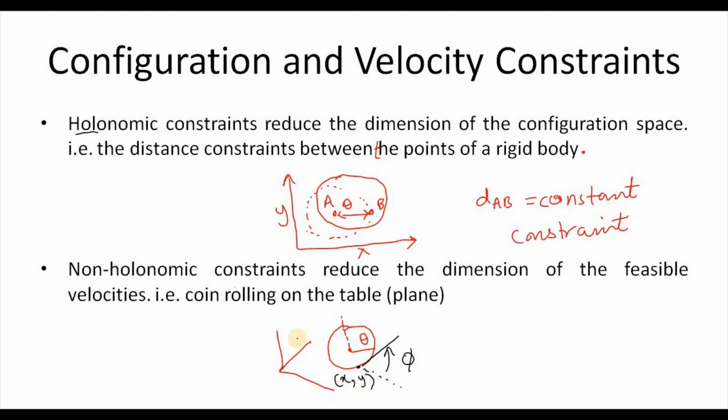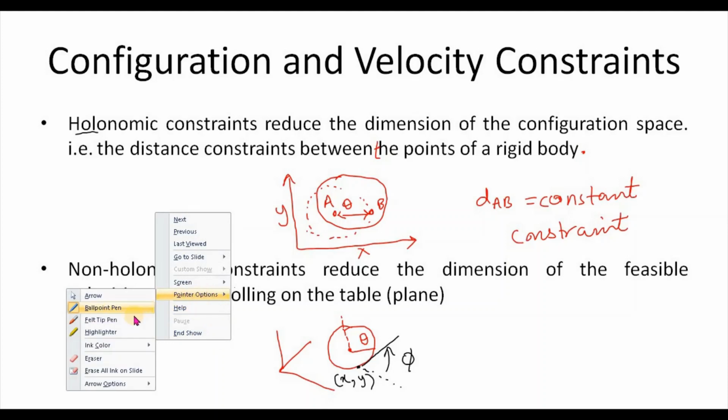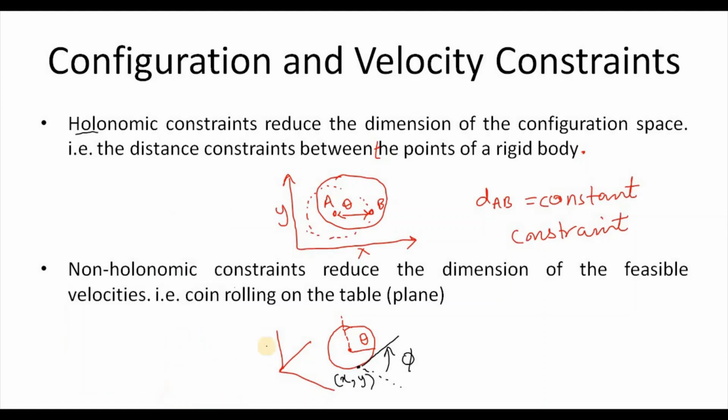So you have the y coordinate, then the x coordinate, and here the z coordinate, and this coin is rolling on this 2-dimensional plane, which is xy, and its configuration can be represented by x, y, theta, and phi. Using these 4 parameters, we can describe its configuration.